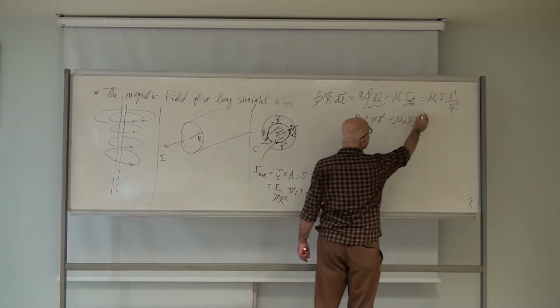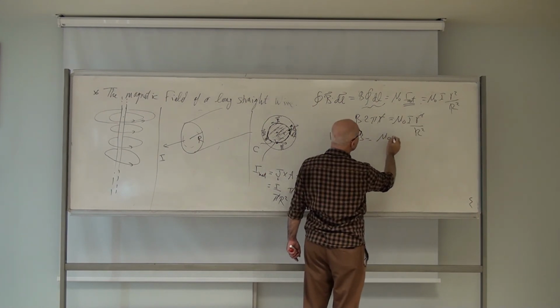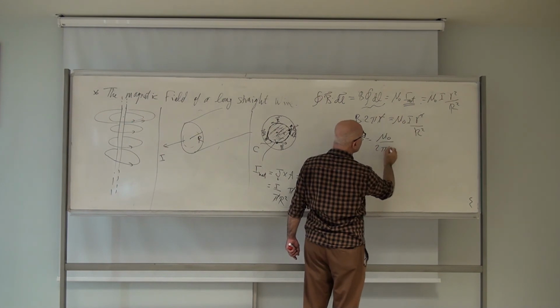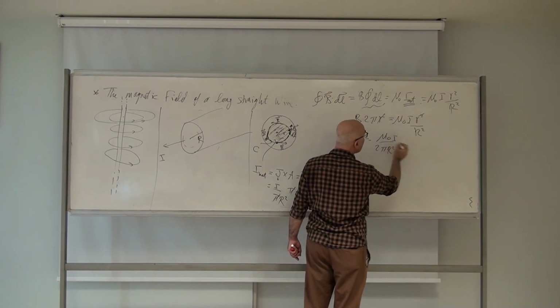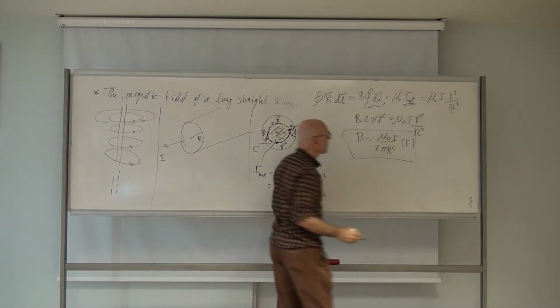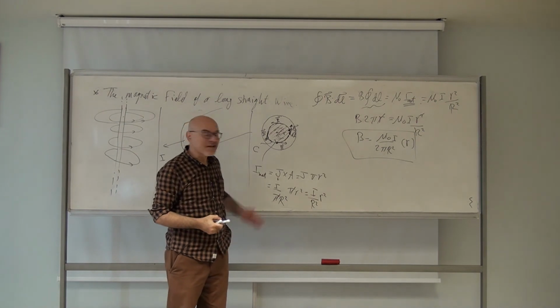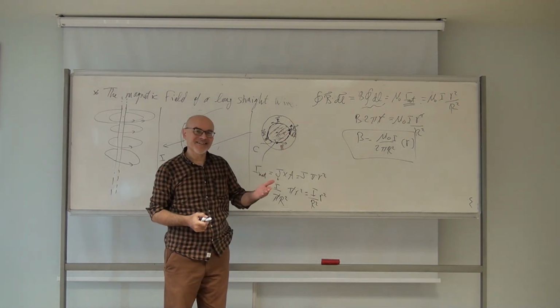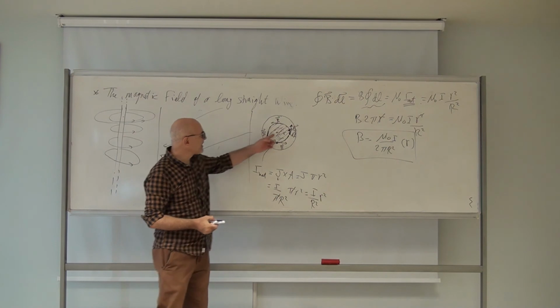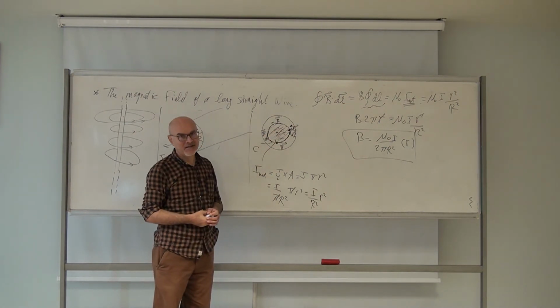Now this r cancels, and B in this case will be equal to mu naught I over 2 pi R squared, multiplied by r. So as you can see, it now grows linearly with r. The magnetic field inside the wire grows linearly with r.